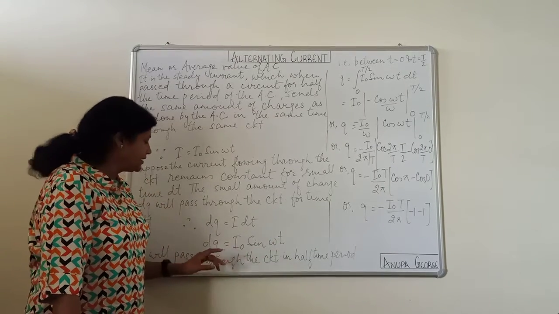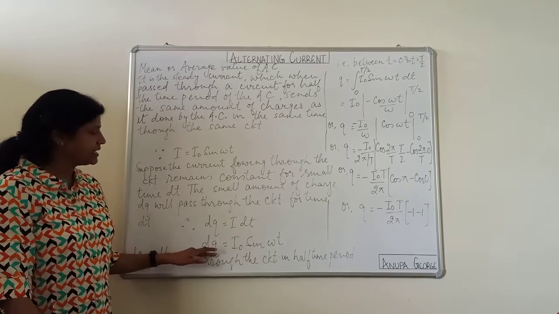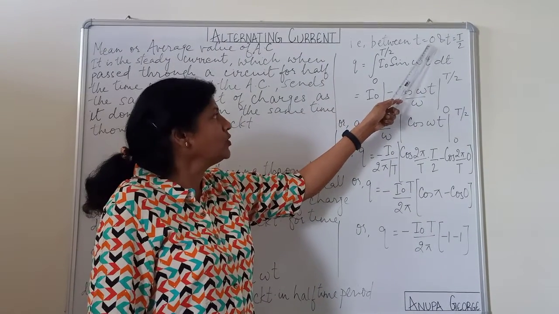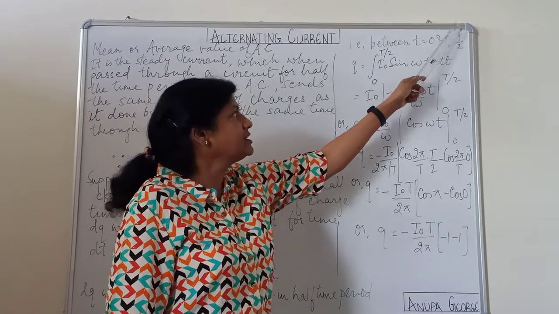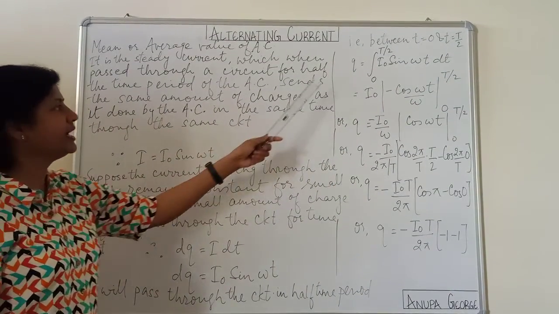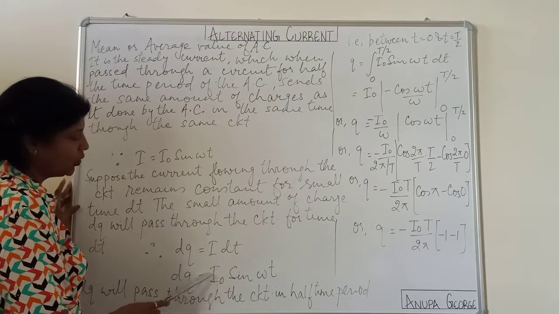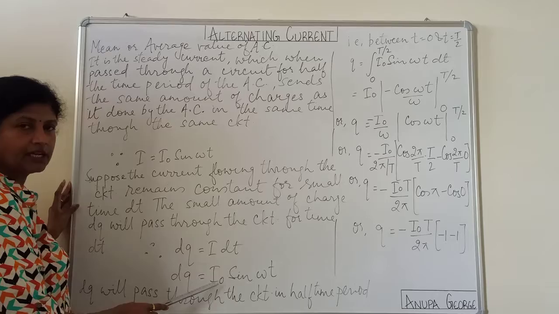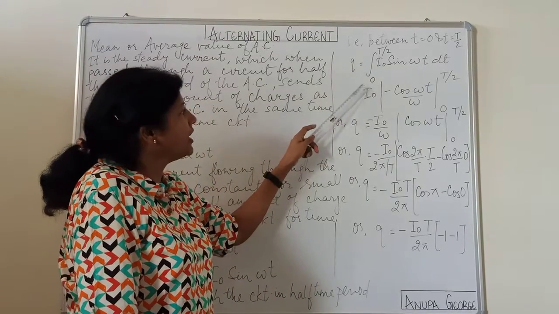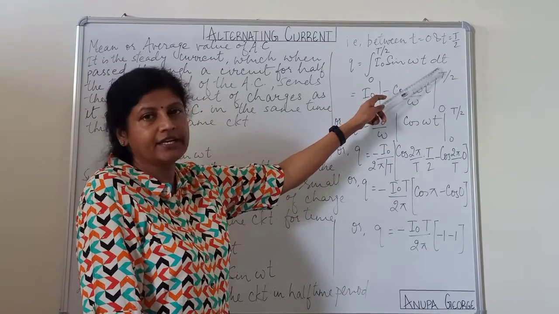So, integrating this dq with limits t from 0 to T by 2, we get q. Integrating the whole quantity with limits 0 to T by 2, we can write the integral of I naught sine omega t dt.